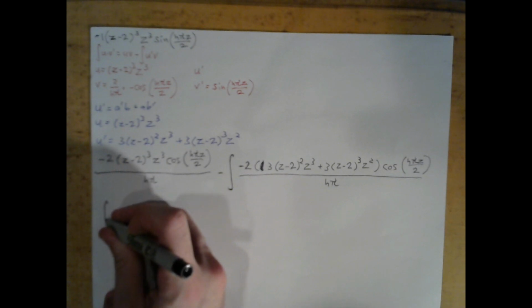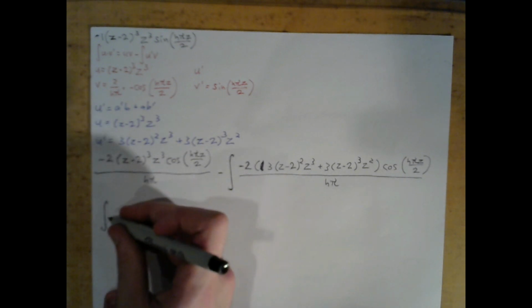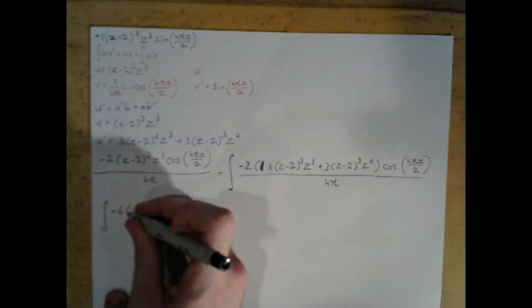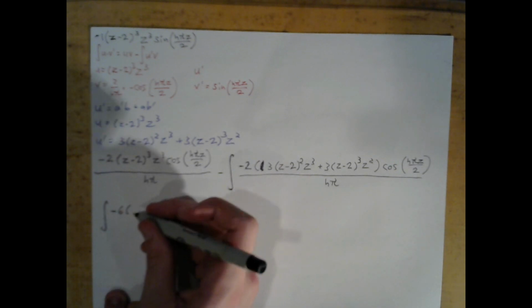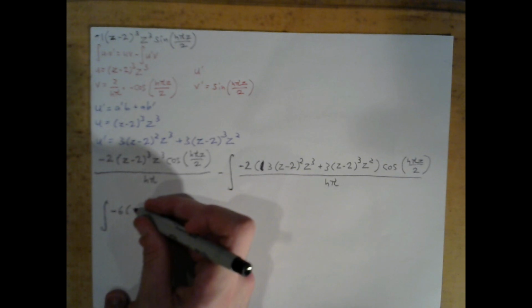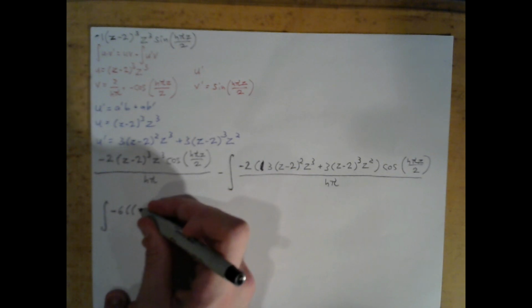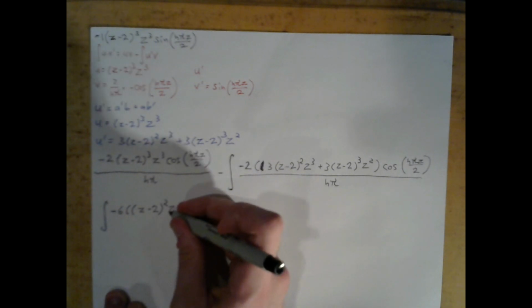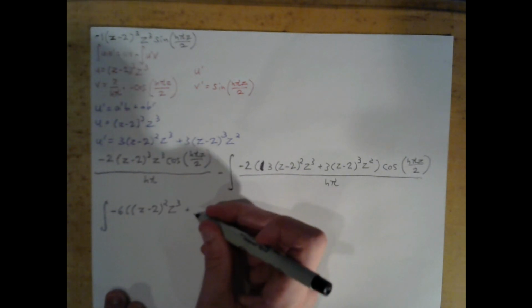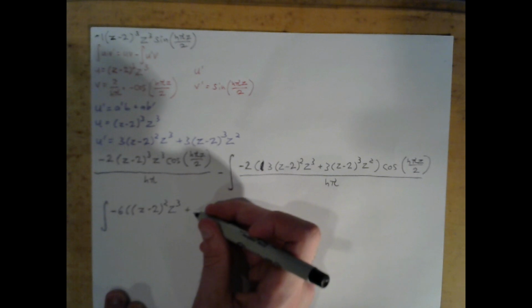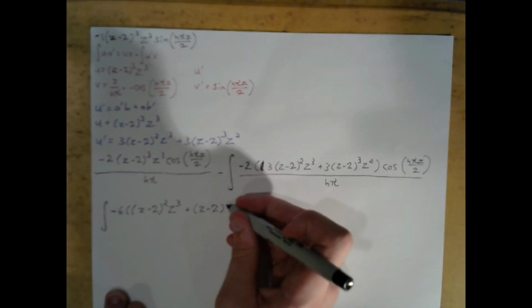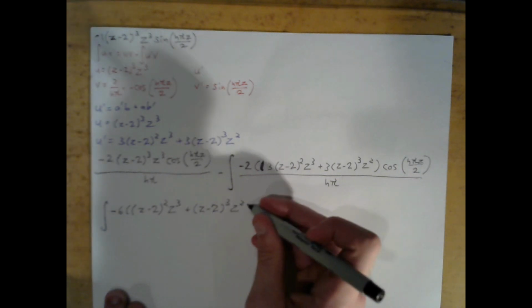We can end up rewriting it as the integral here, let's say negative 6 times, I'm going to write this as a double parenthesis, (z minus 2) squared z cubed plus (z minus 2) cubed z squared.